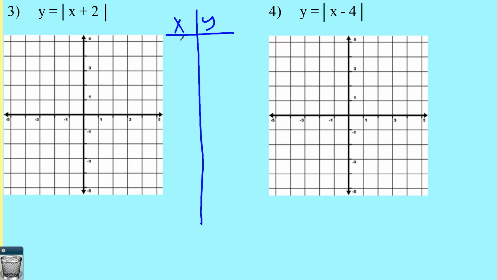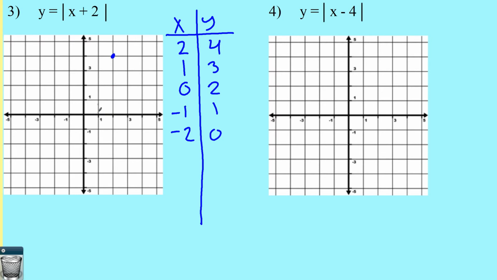Let's go 2, 1, 0, -1, -2, just so I can get some positives and negatives and see what happens. If you plug in 2, you should get 4. Plug in 1, plug in 0, -1, -2.